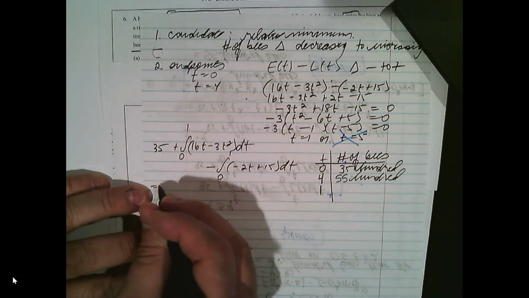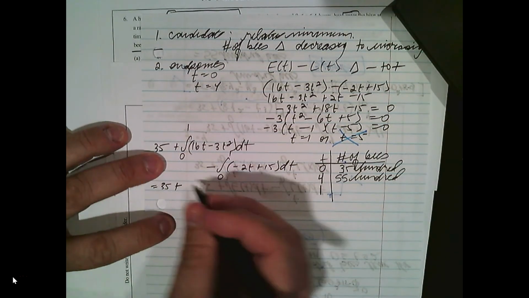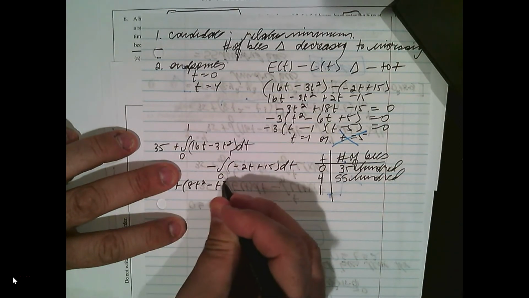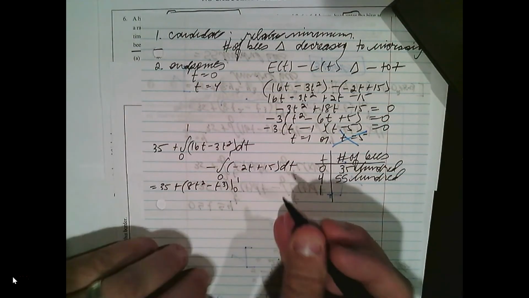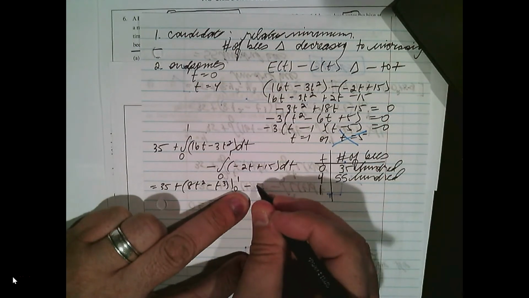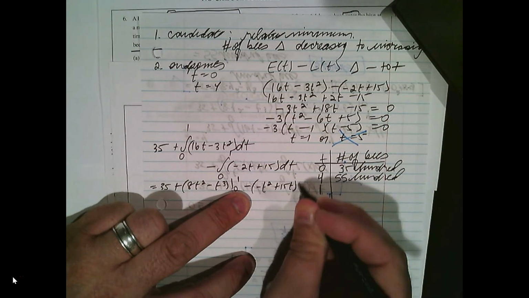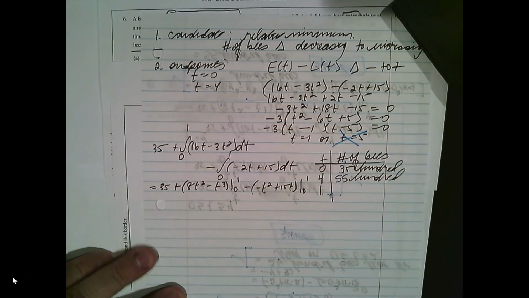Yes, we're going to have to do the work here. So this is 35 plus, well, we've already integrated this. We know that's 8t squared minus t cubed from 0 to 1 minus negative t squared plus 15t from 0 to 1.